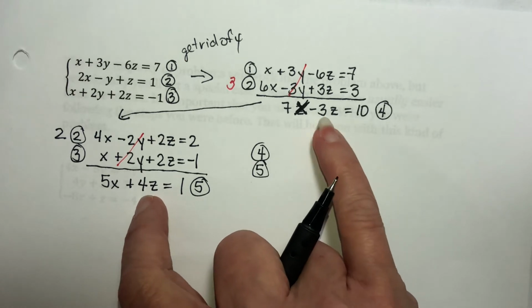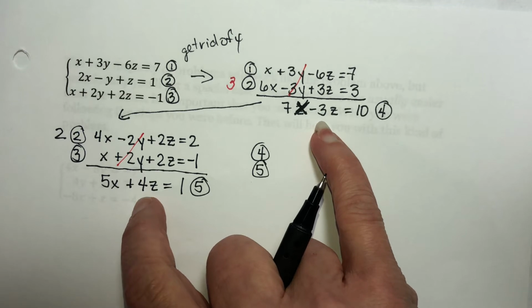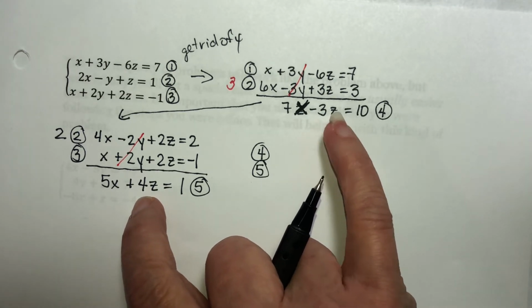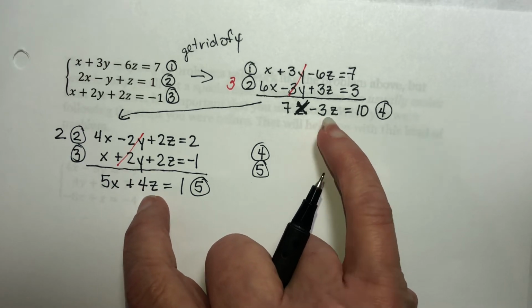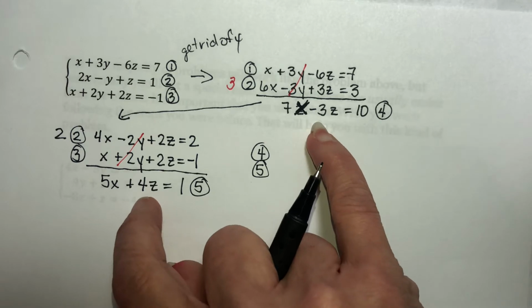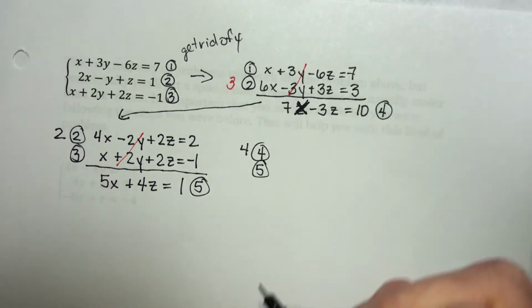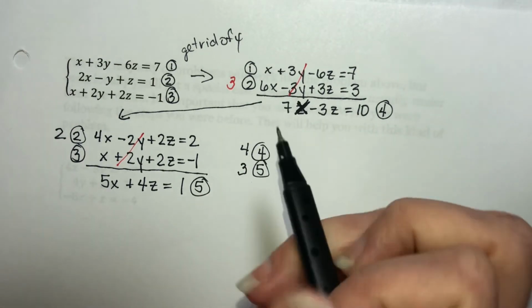Now remember, when you don't have something that's easy to turn into something else, you're probably going to multiply both equations by something, and we kind of think of it like our least common denominator. If my denominators were 3 and 4, my LCD would be 12, so I'm going to turn these into versions of 12. To make a 12 here, I'd multiply this by a 4. To make a 12 here, I would multiply this by a 3. Now check your signs.